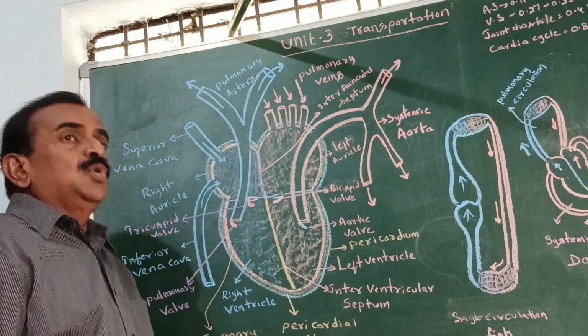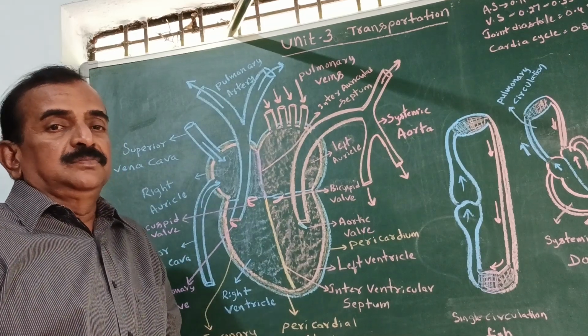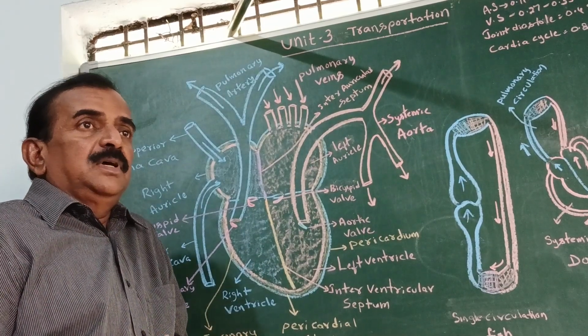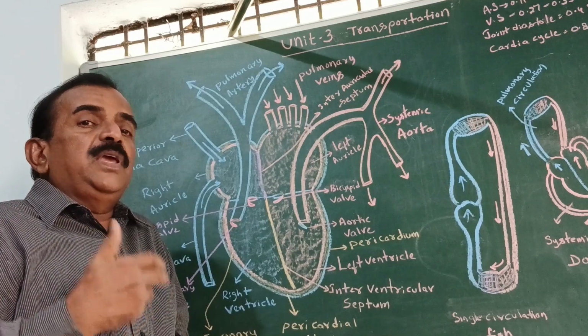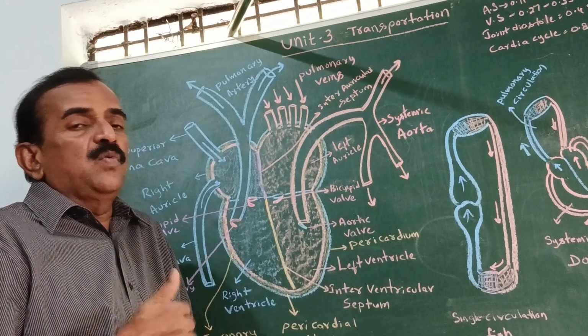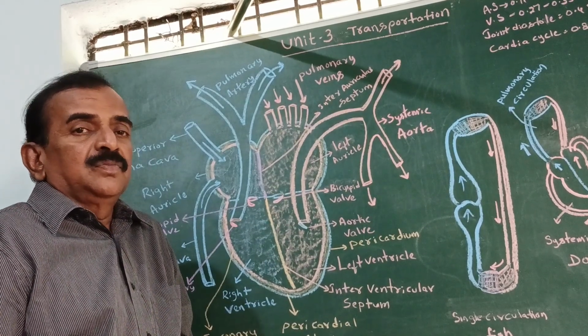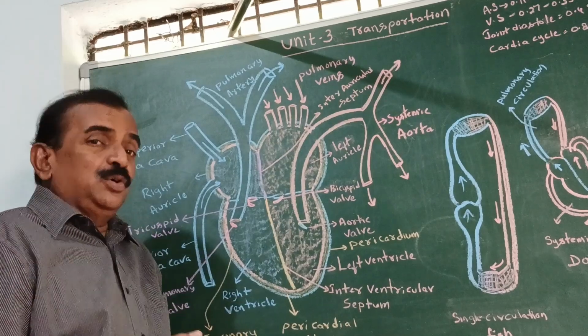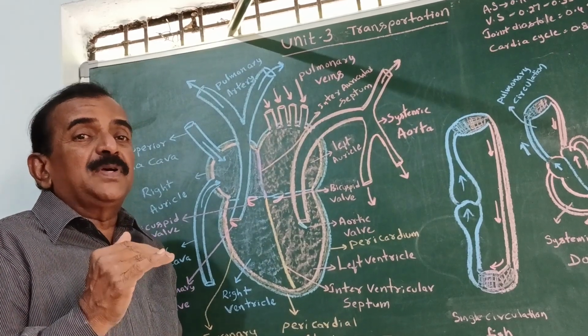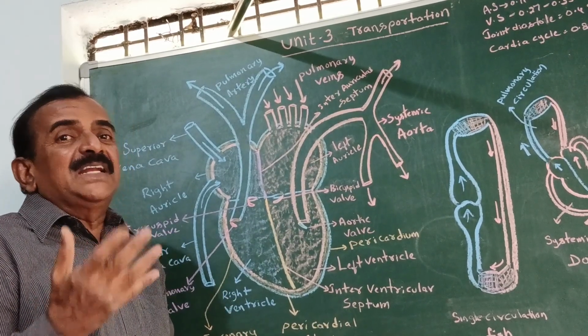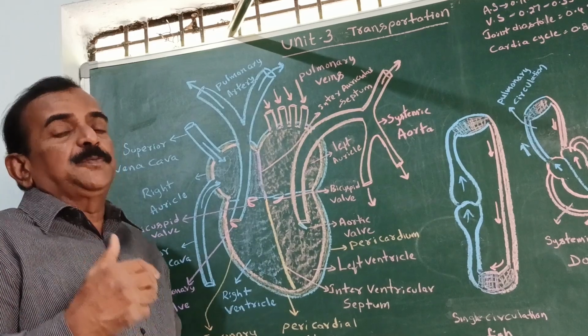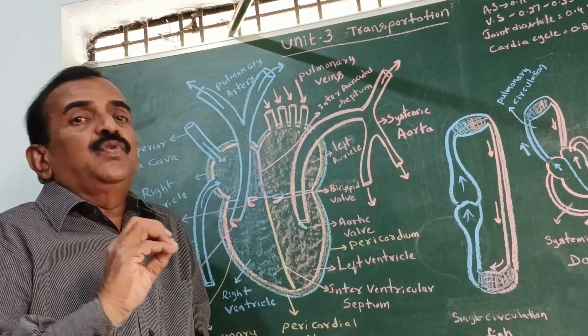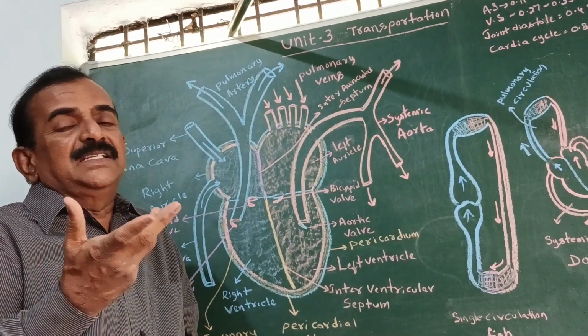Transportation or circulation. So what is transportation? For example, we eat food, we drink water, we drink liquids, we breathe gases. We breathe gases for what purpose? To produce energy, and we are performing respiration. And we are eating food for what purpose? To get energy.